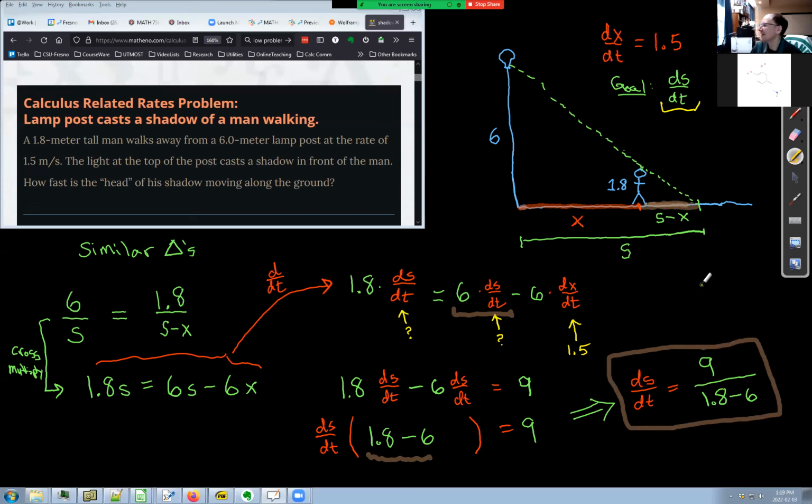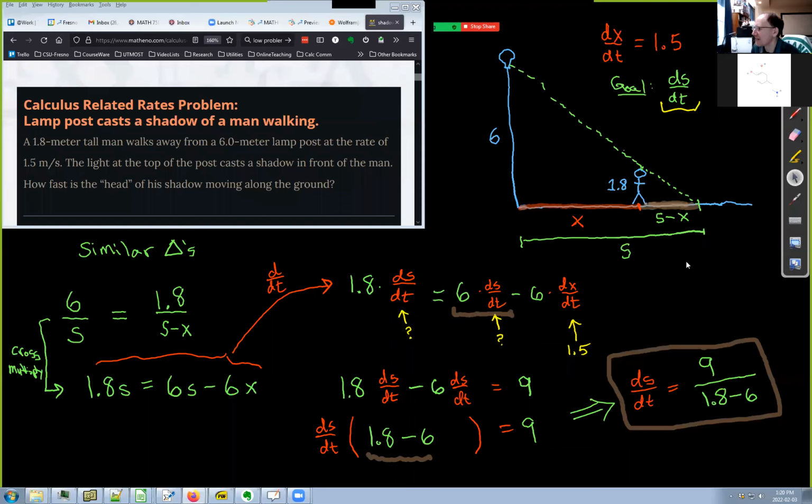Let me think about this. Pause it. Okay, so I was really worried because this falls in the category of it's really important to check your answer. So let's be clear, my answer is wrong, but it's only wrong a little bit.